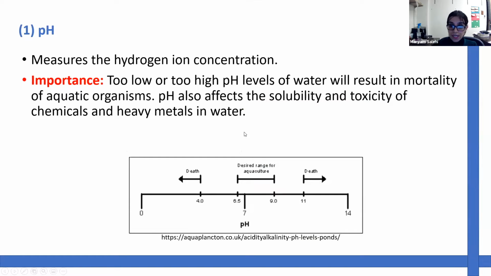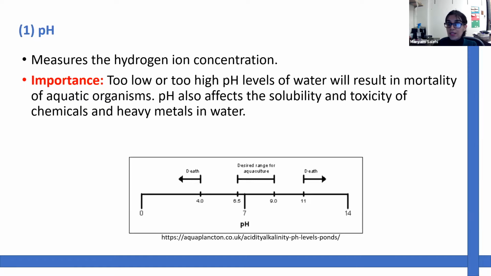So pH measures the hydrogen ion concentration in the water. It's important that for the fresh water, we need to have the appropriate range of pH. If we have a low pH or very high pH, we are going to result in the death of animals or some of the organisms that are living in the water. pH also influences the solubility of many heavy metals in the water.